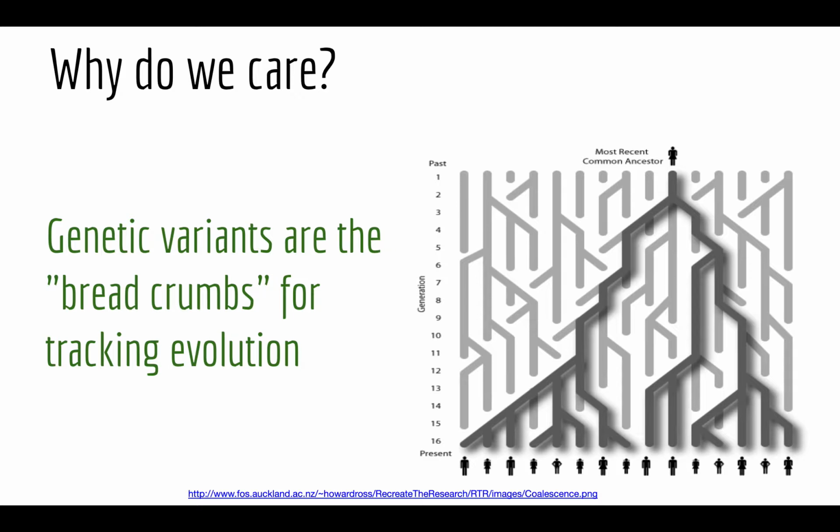Okay, so that's sort of the NIH focus. The NSF focus would be studying how genomes evolve and species evolve, and these genetic variants essentially are breadcrumbs that we can use to reconstruct the evolutionary history of a species or a group of species.